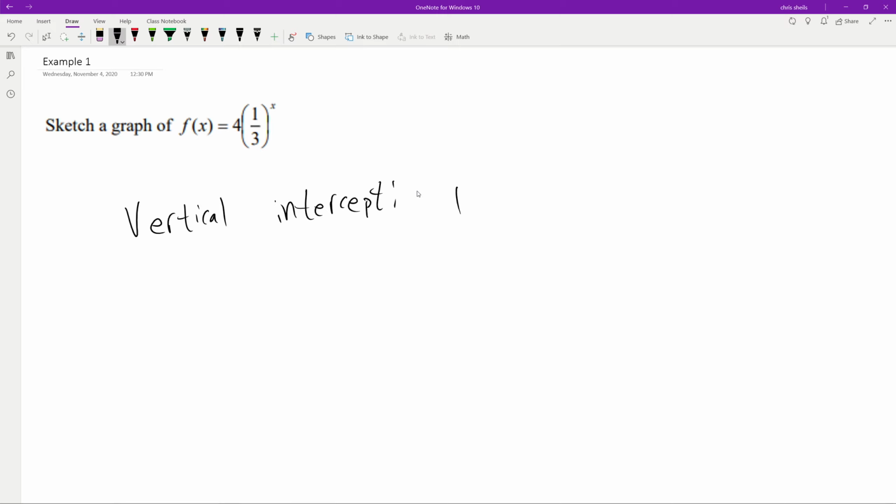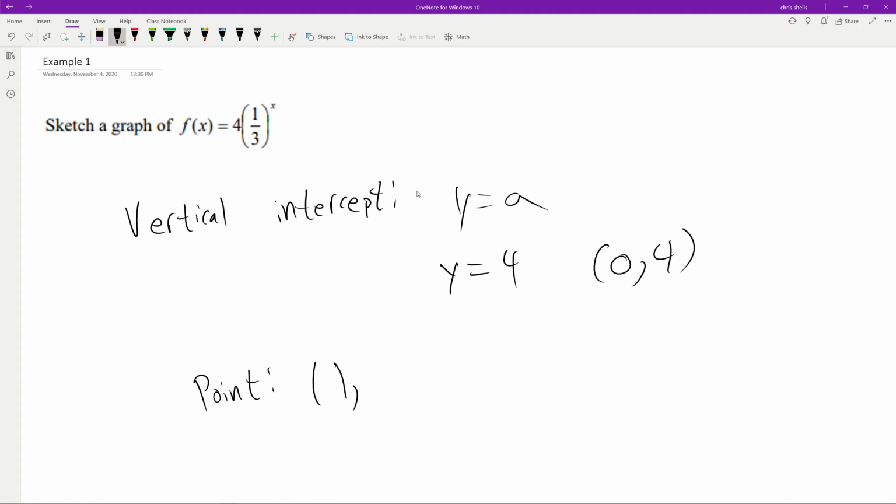Well, this is going to be at y equals a, right? So the vertical intercept here is going to be at y equals 4. That's the point (0, 4). Notice that this graph also passes through the point, if I plug in 1, I get the point (1, 4/3) on this graph.